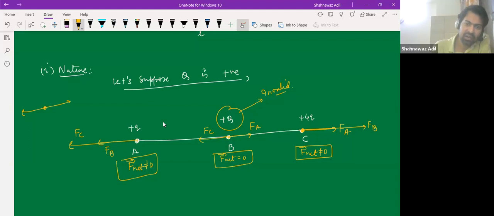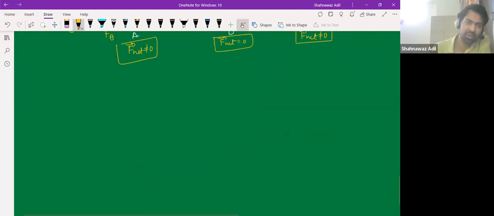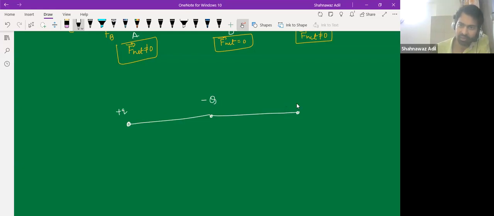Now let us take the example of a negative charge. So we have plus q on these, and we are considering a minus q charge, right? Let us figure out at this point whether this charge will attract or repel.